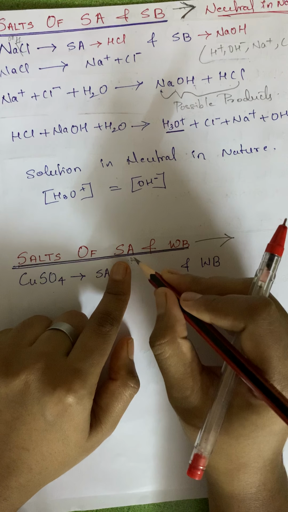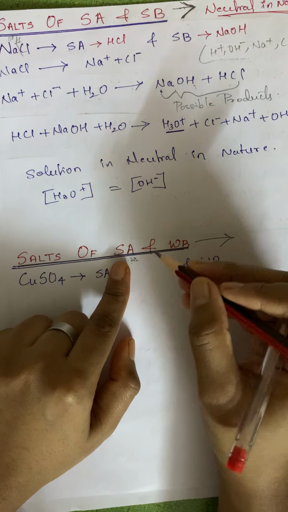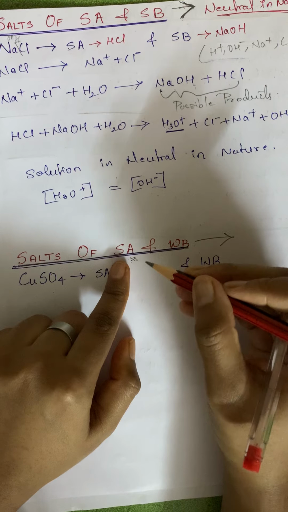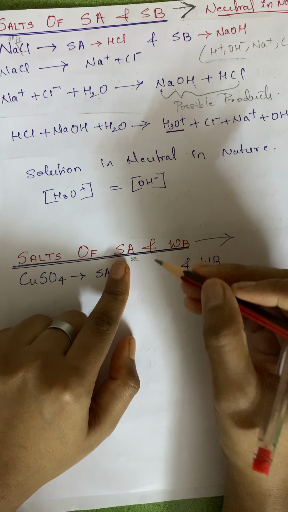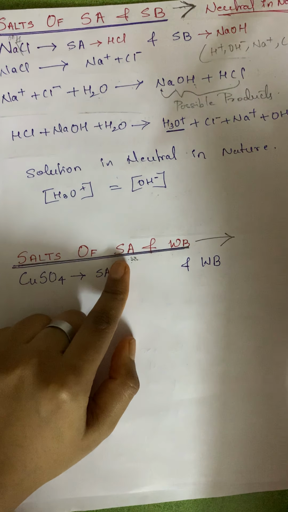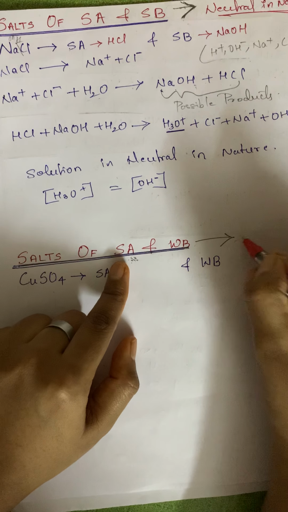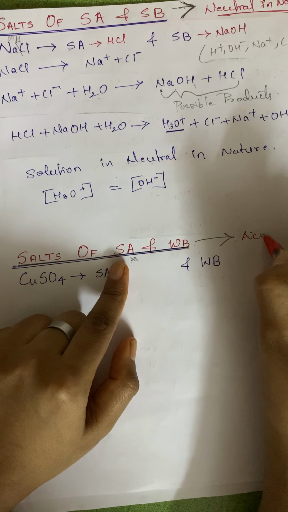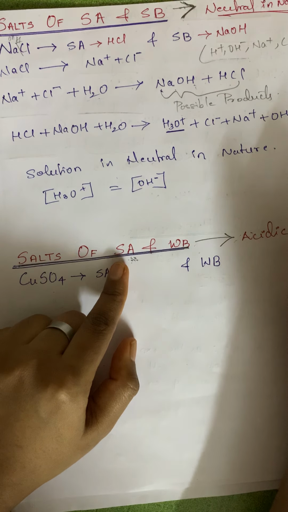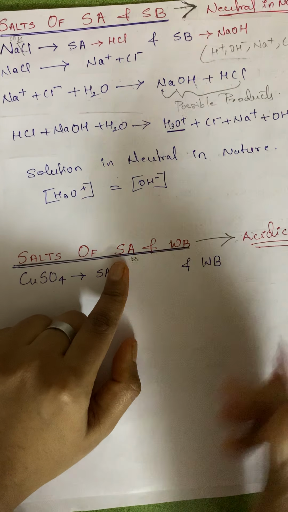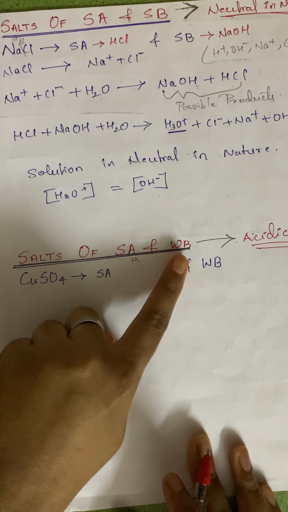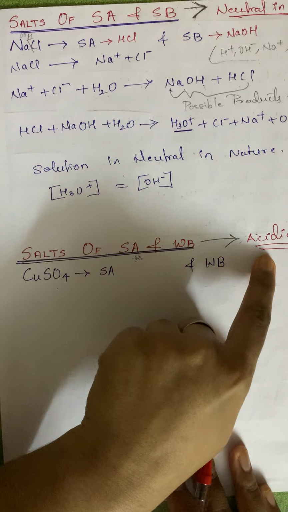As a result, more protons, or we can say hydronium ions, will be there in the solution. Therefore, it will be acidic in nature. So, this is a simple way to understand. Okay, so salts of strong acid and weak base will be acidic in nature.